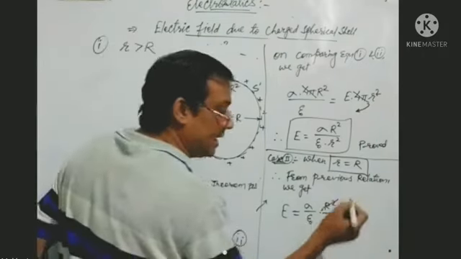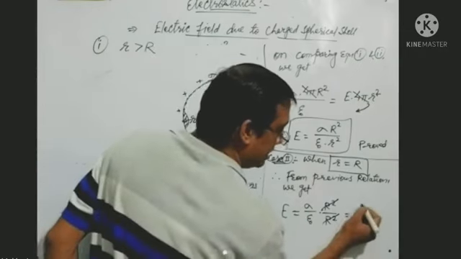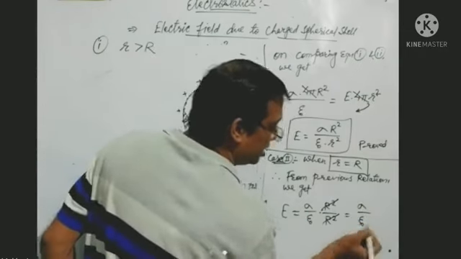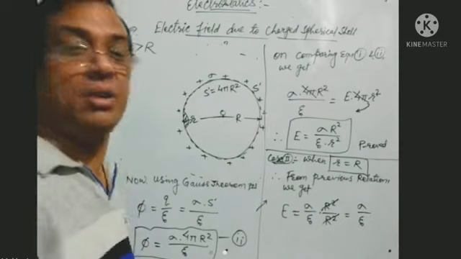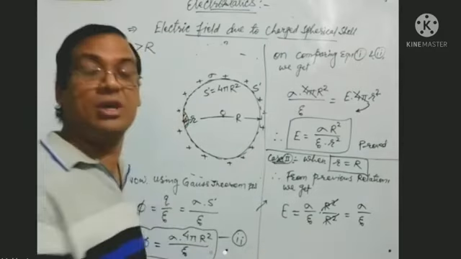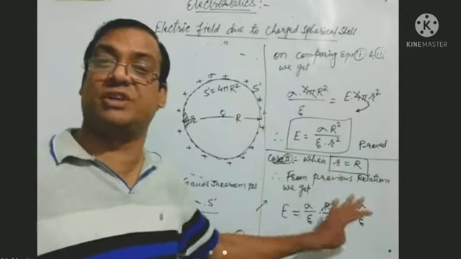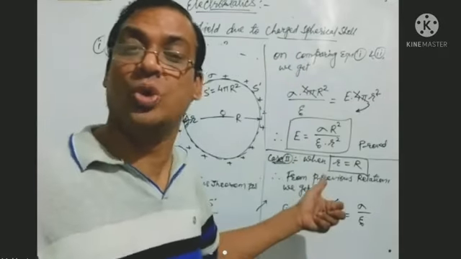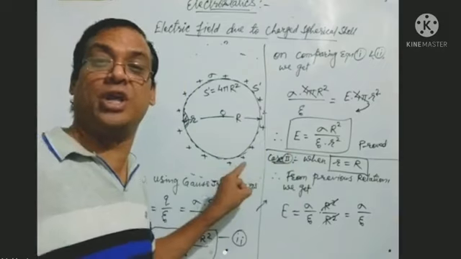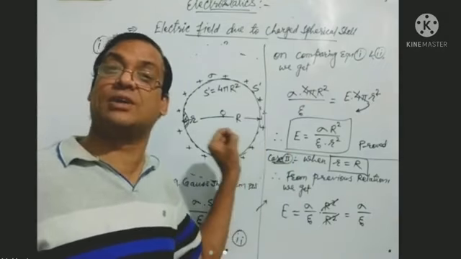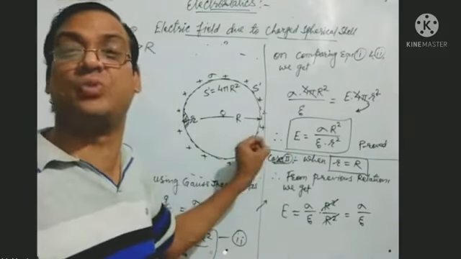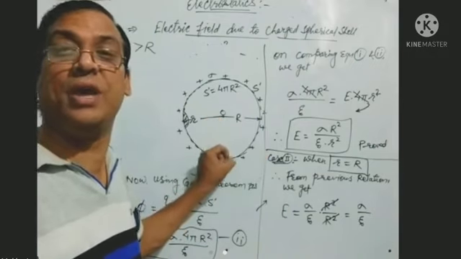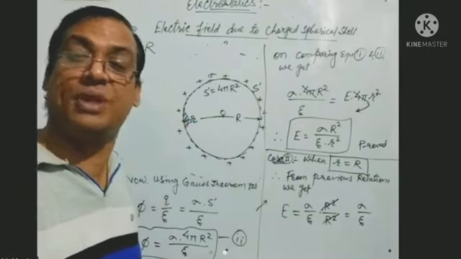Finally, this will get cancelled, and the final relation would be this. Everyone must have understood, students. So this was case number 2, when the charged body behaves as a Gaussian surface itself, and that's why we have to consider point P on the same surface of the body.